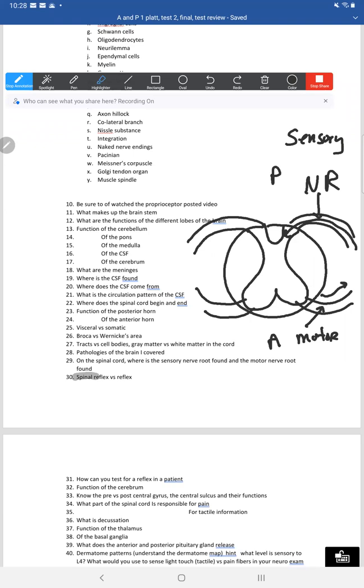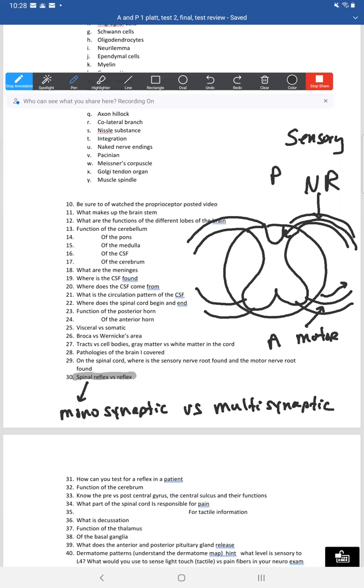All right, spinal reflex versus a reflex. Okay, one of the biggest things is monosynaptic versus multisynaptic.